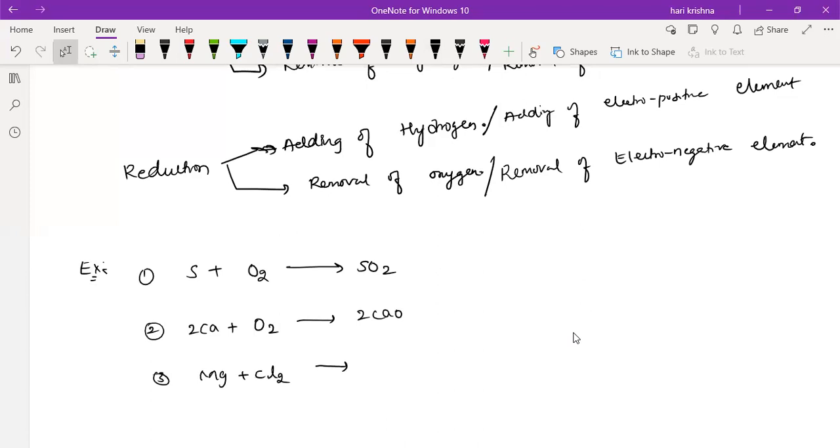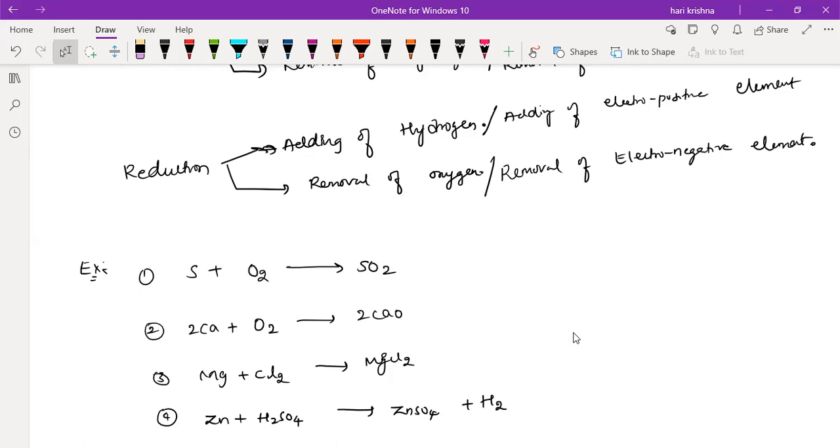What about the next one, third one? Sir, Mg, that is also oxidation. Fourth one, reduction, sir. Fourth one is the redox. Oxidation, sir.